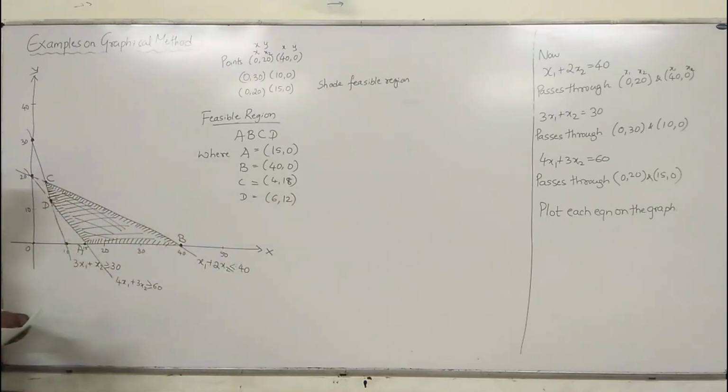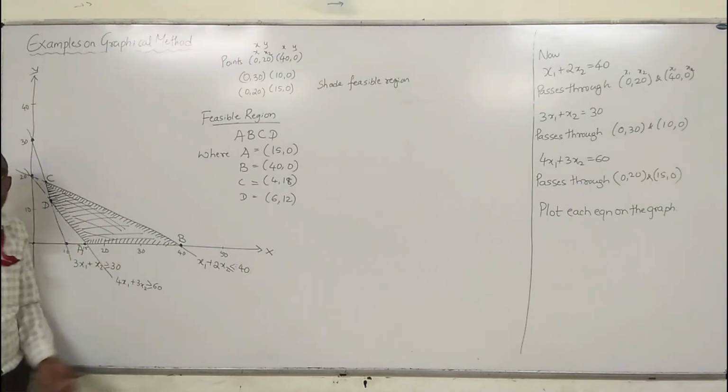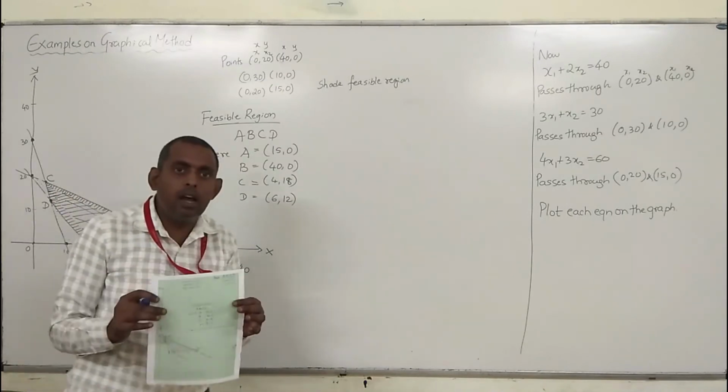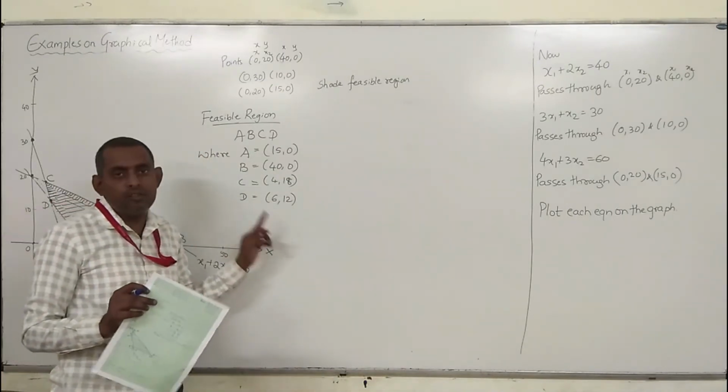But here I cannot give you exactly 12, because it is a graph drawn on the plane board. If you draw the graph on actual graph paper, you will come across the actual values.